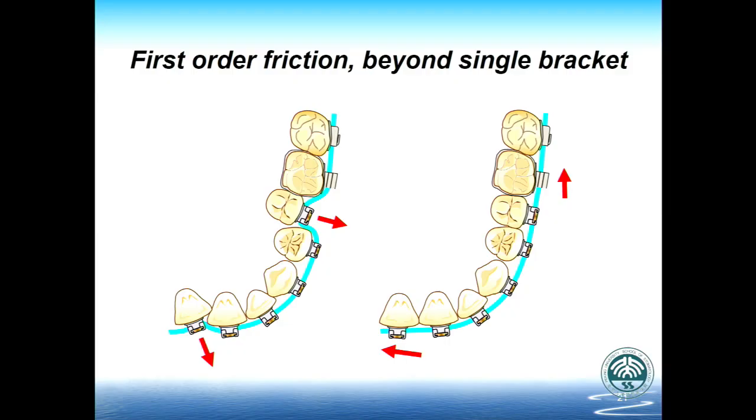We need lower friction in the whole dental arch. So if you want very efficient tooth movement, you need the whole archwire in a low friction situation.